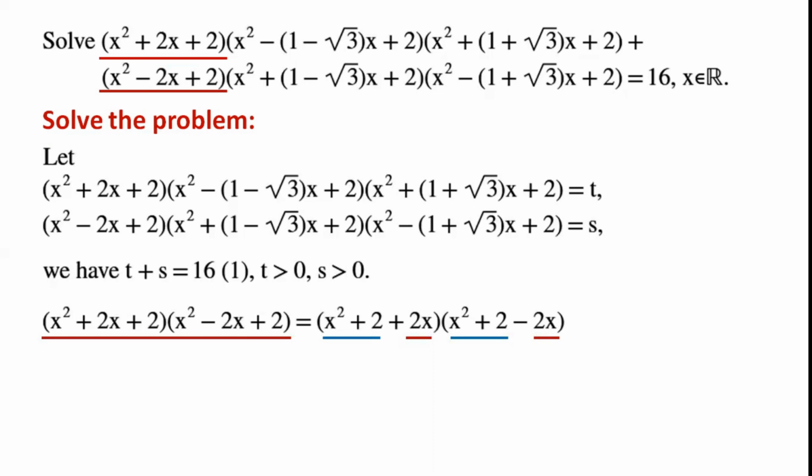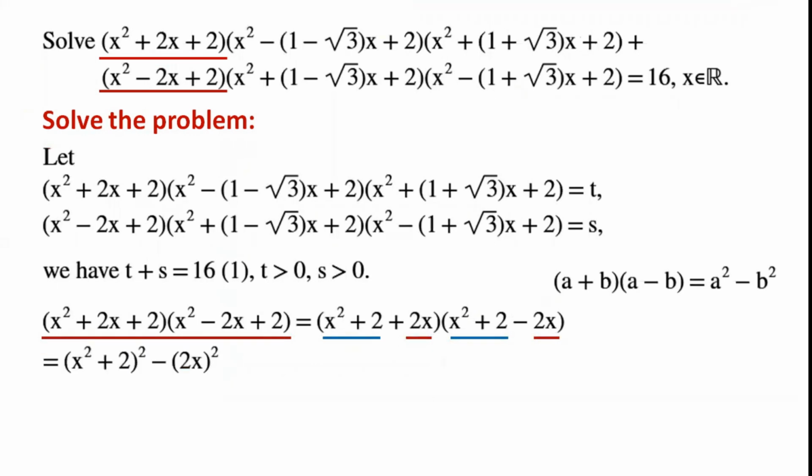You can see that both parts of the algebraic expression have x squared plus 2, and one has 2x, whilst the other has minus 2x. We can simplify this further by using the formula a plus b times a minus b equals a squared minus b squared.